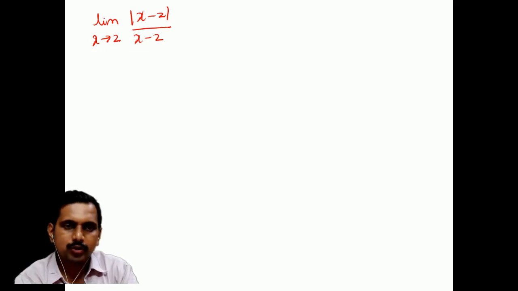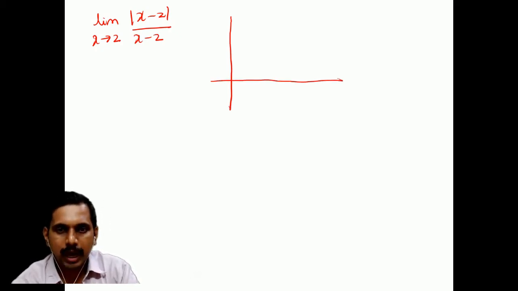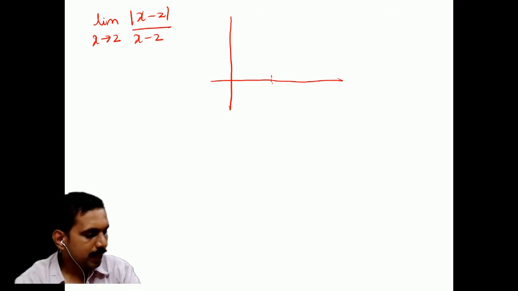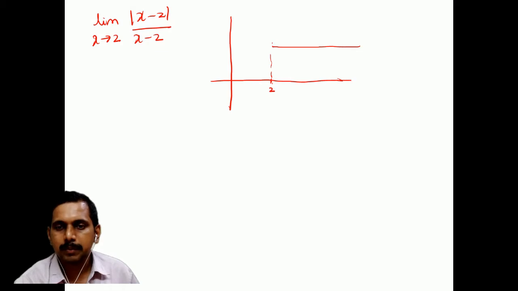I will explain later on how to solve this. But in this function, at x equal to 2, above this the value would be plus 1. This would be the curve. This is x, this is y.